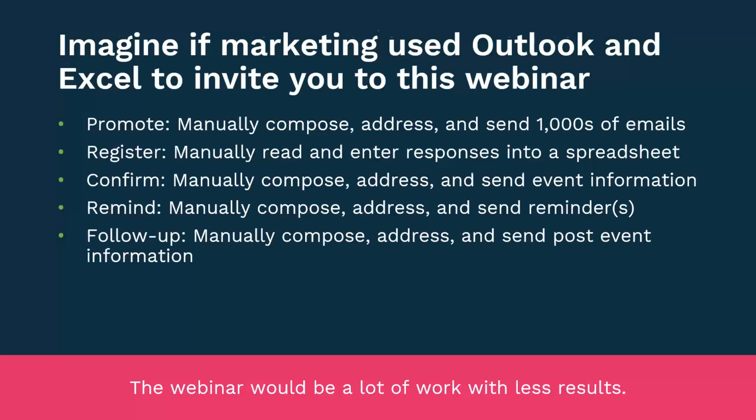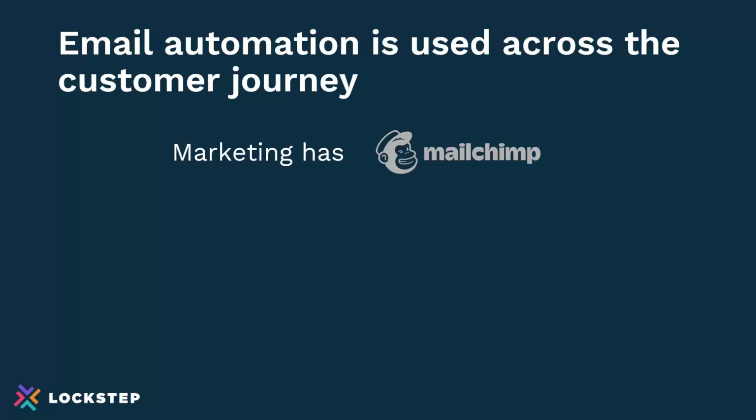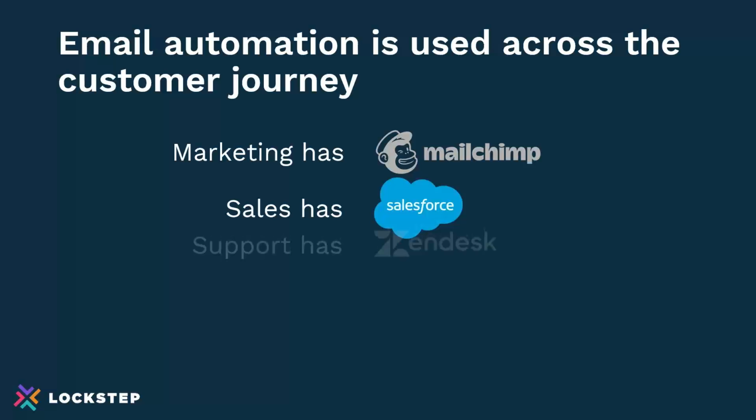And yet, if you look across the customer journey, marketing doesn't do it that way. They use MailChimp, or Marketo, or any number of marketing automation solutions. Sales has Salesforce, so they can automate a lot of that key activity.